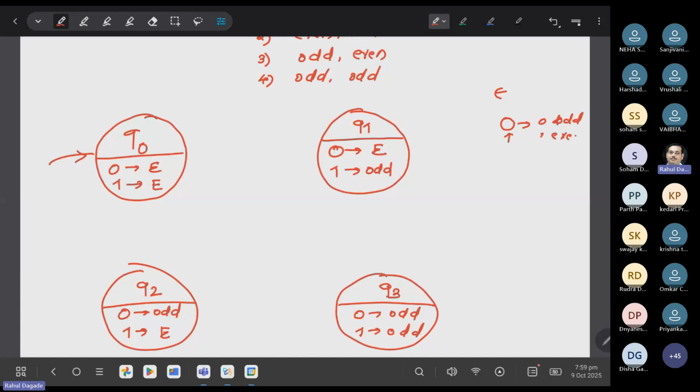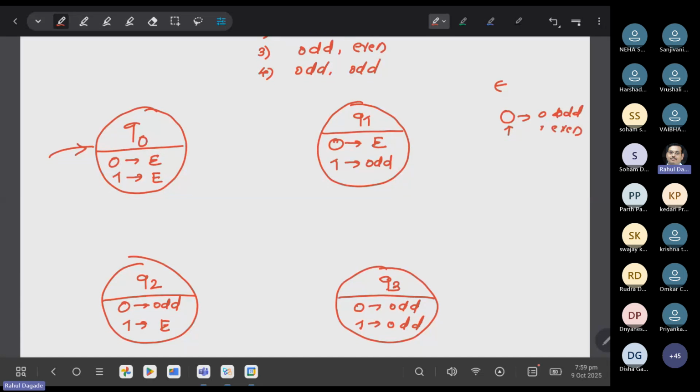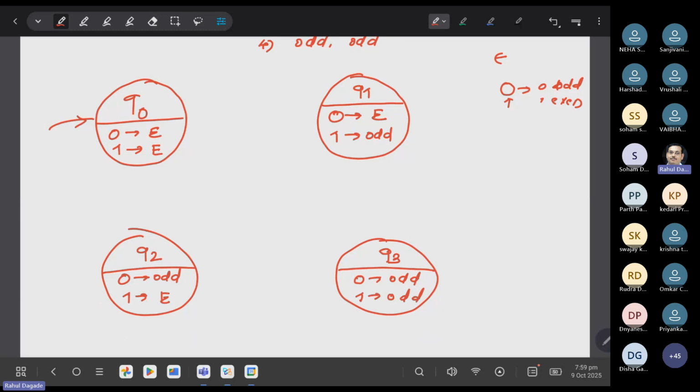So which state is indicating 0 is odd and 1 is even? Q2 state. So when I get 0, I'll come to this state and move the pointer to the right.